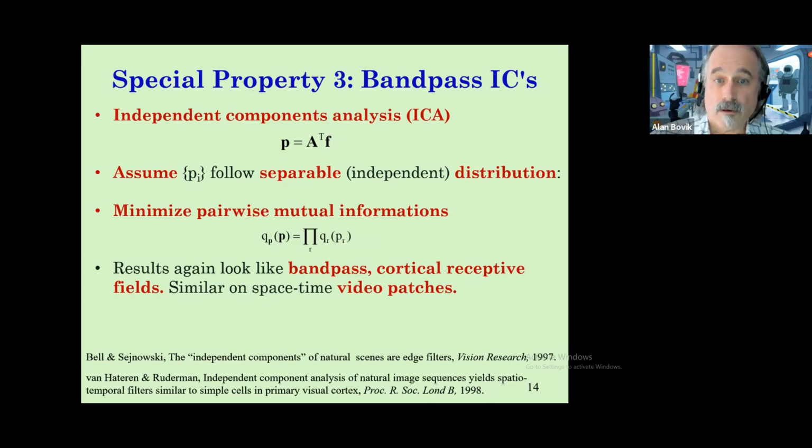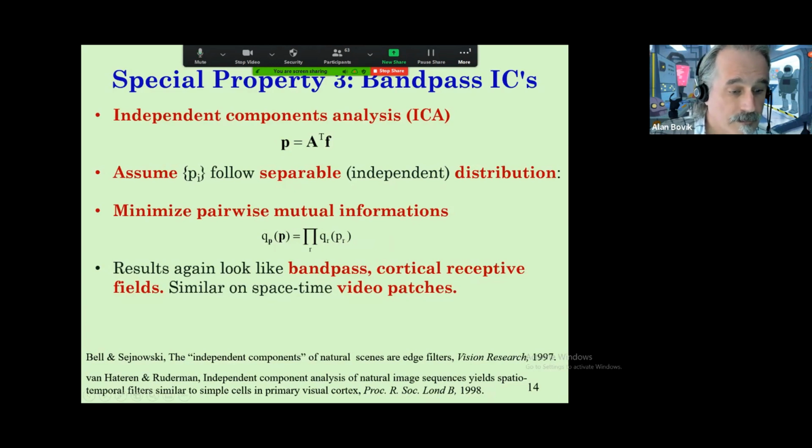Now, Terry Sejnowski said, what if we use this new idea of independent components, where instead we try to force the basis functions and the filters to be independent? In other words, optimize something like a separability condition, which we can express in terms of pairwise mutual informations between the elements of the representation.